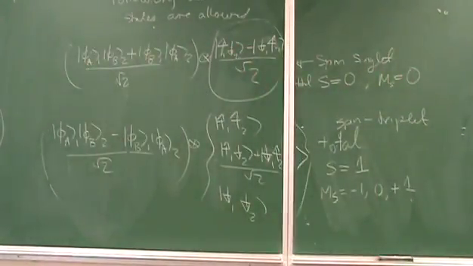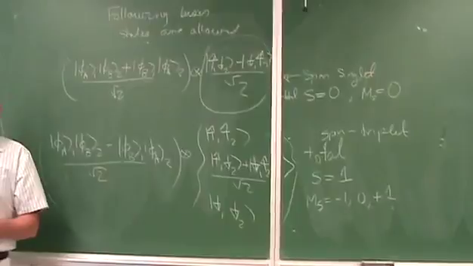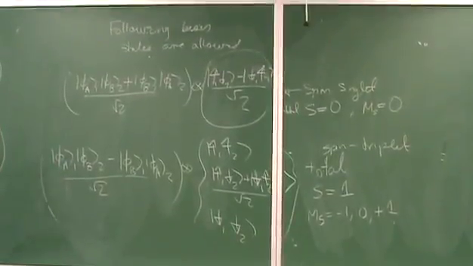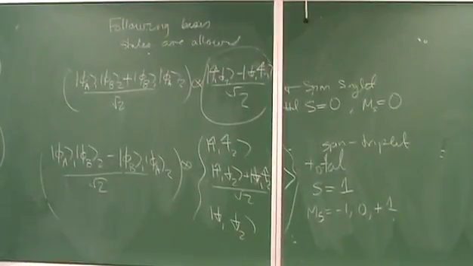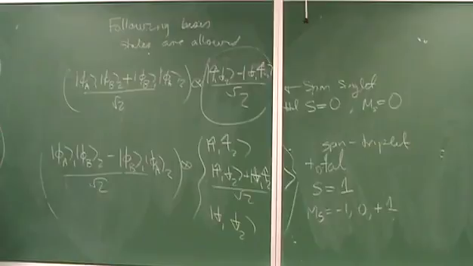So if I have 2 electrons and I need to worry about the identical particle statistics, then I can have a pairing in which I have the spin singlet correlated with the symmetric wave function, or the spin triplet associated with the antisymmetric. Okay. This has only to do with identical particle statistics.